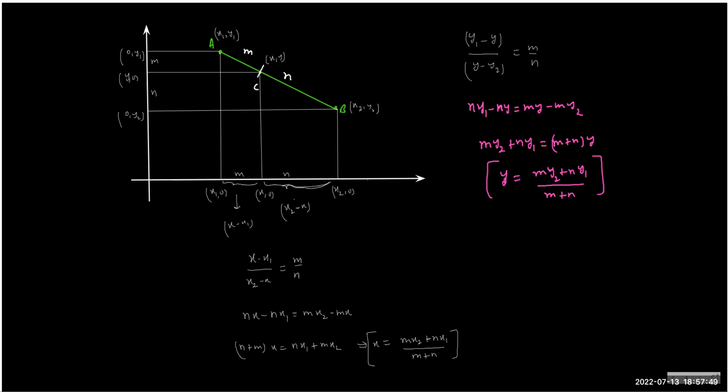In vector, instead of coordinates, what do we write? I hope you remember. We write the position vector. So this is called the position vector of A, and similarly, can we say this is the position vector of B?